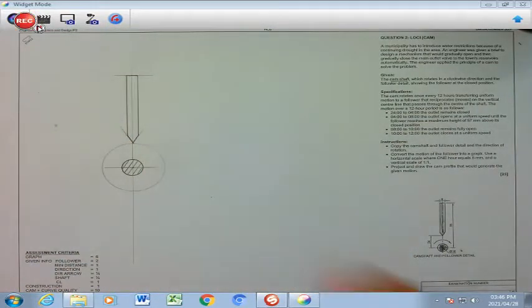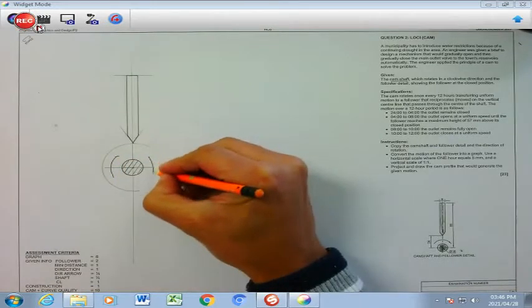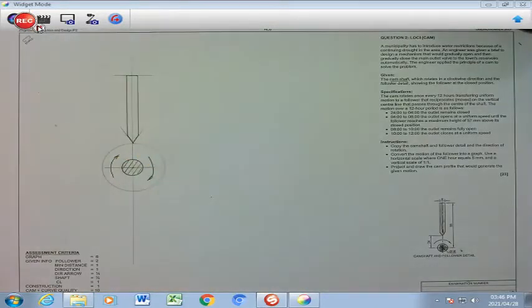And inside my minimum radius, I'm also going to add my arrow, which is going to be in a clockwise direction there. Like I have it here in my instructions.